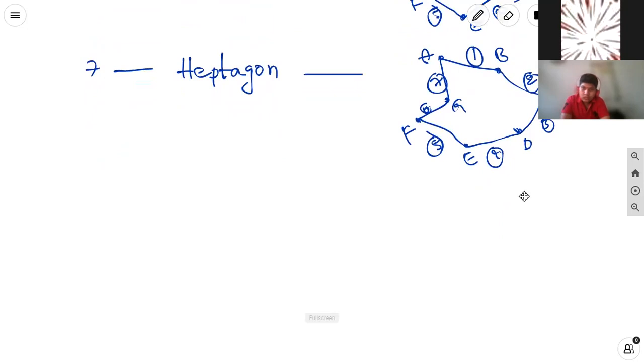So heptagon. 8 means octagon. 8 means octa. Octa means 8.